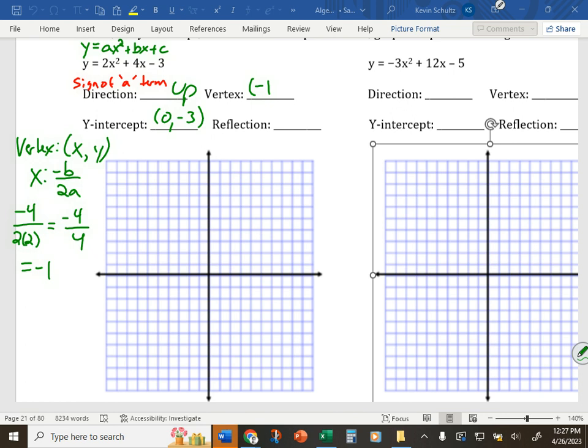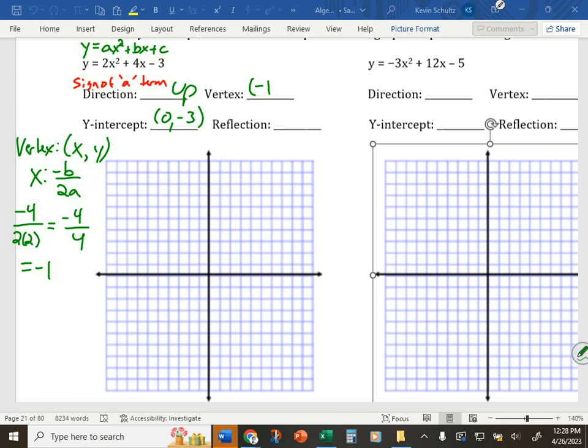Now, when you go to plug this into your calculator, you must be very, very careful of order of operations. Tell me what is wrong if I enter this into my calculator as follows. I want to find the y value, right? And I'm going to plug this in for x in the equation to solve for y.